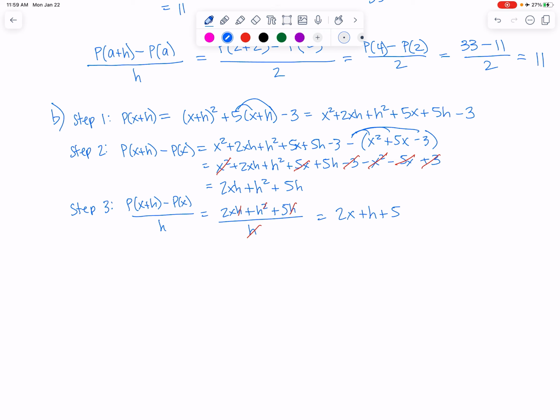And then step 4, we take the limit as h goes to 0.